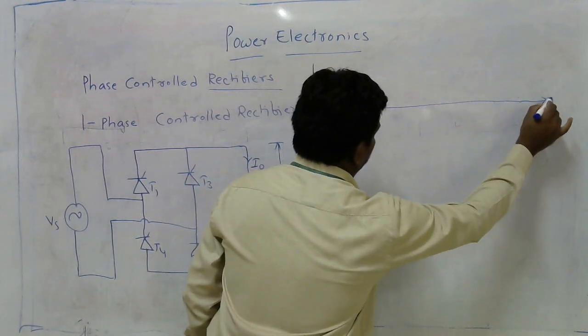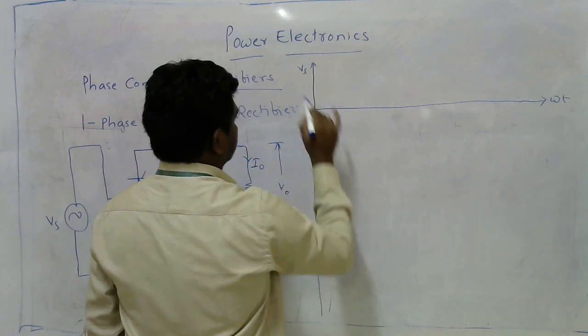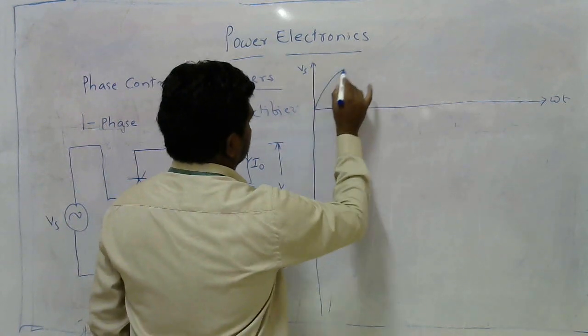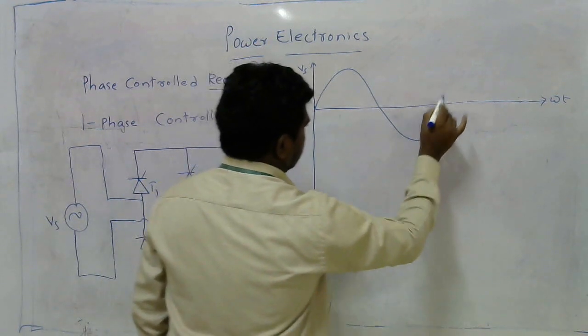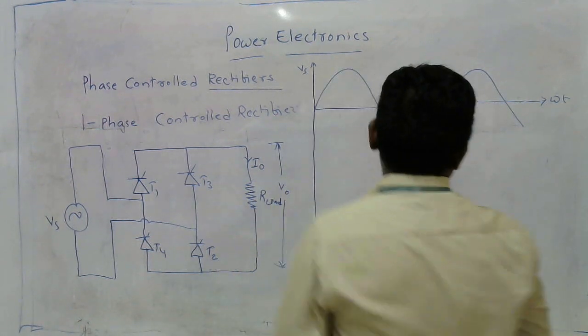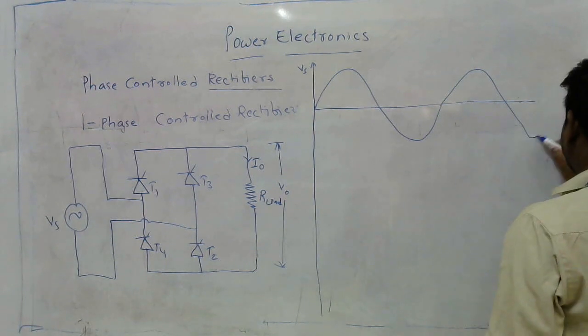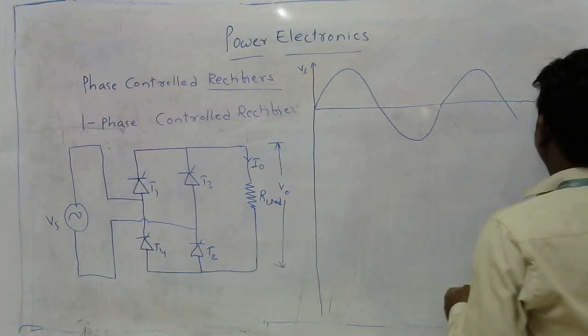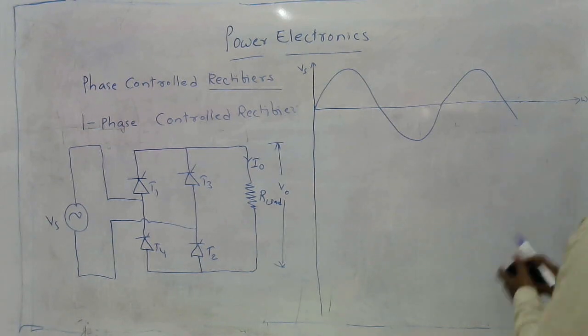So first, this is my input, omega t. I'm calling this Vs. Draw it very carefully and very neatly. You should better use a pencil, eraser and sharpener rather than a pen to draw the waveforms, so any mistake you commit can be easily erased.